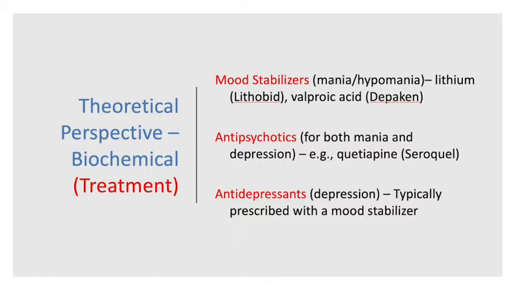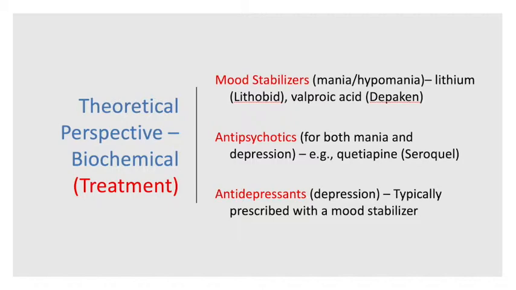So getting a mood stabilizer such as lithium, the research is showing us, helps people stabilize these mood swings. Antipsychotic medications have also been indicated for something like mania, and for both episodes of bipolar disorder, either manic or depressive episodes.